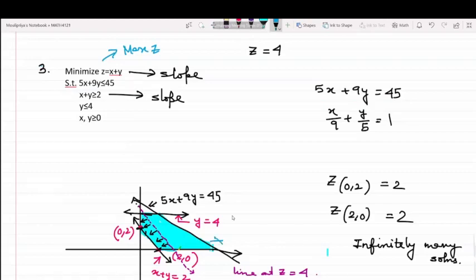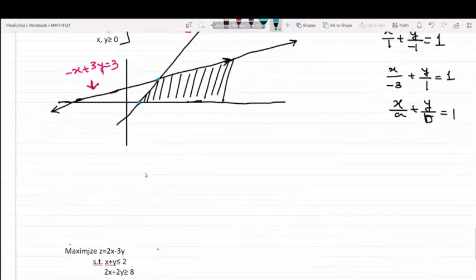These two lines don't have the same slope, so there is no point where the objective line coincides with the given line. So as you change the objective function for a minimization type, we have a different case. If you are to maximize, we have altogether a different case. Okay. Now the last case.